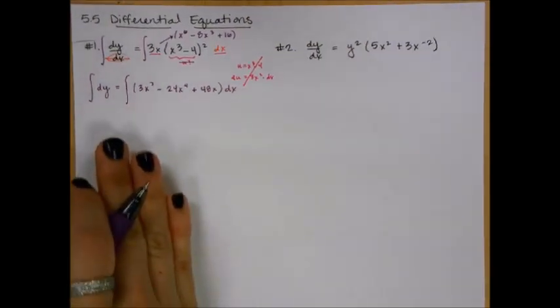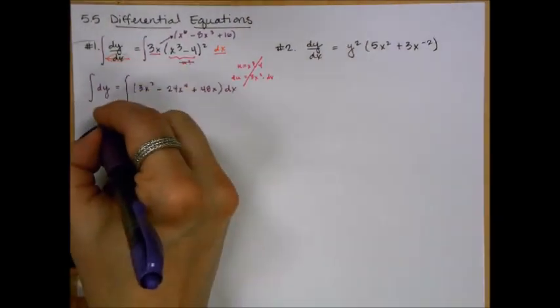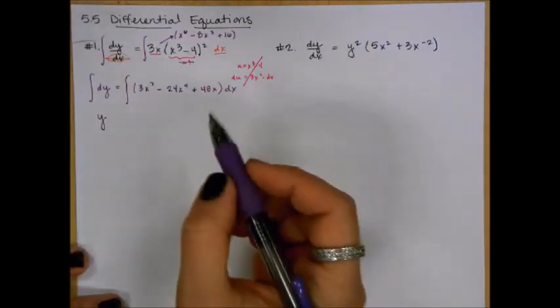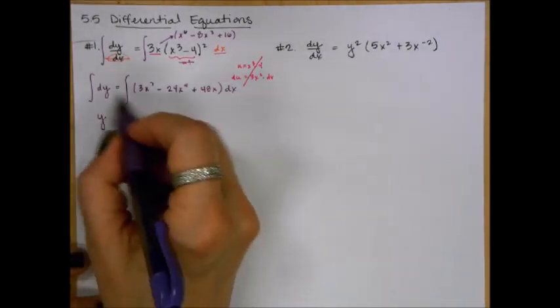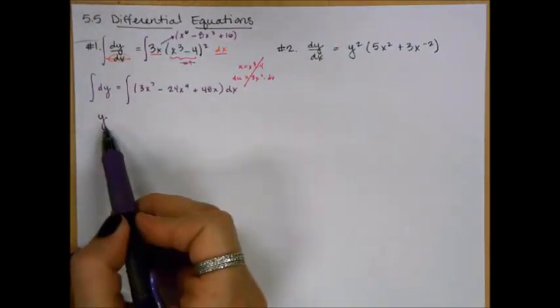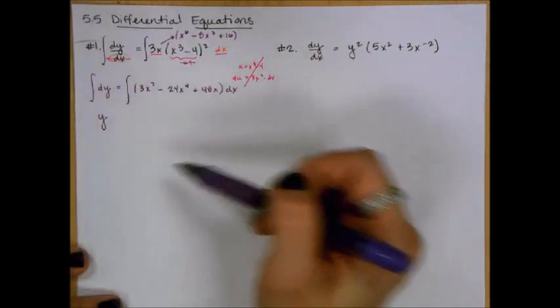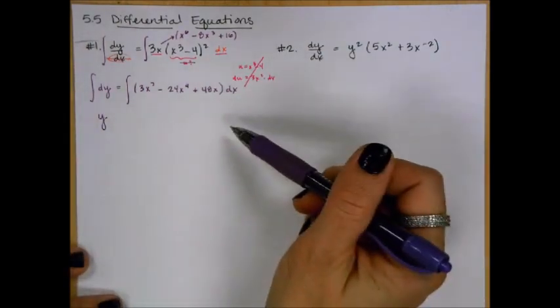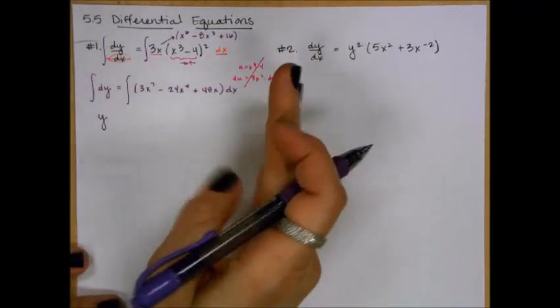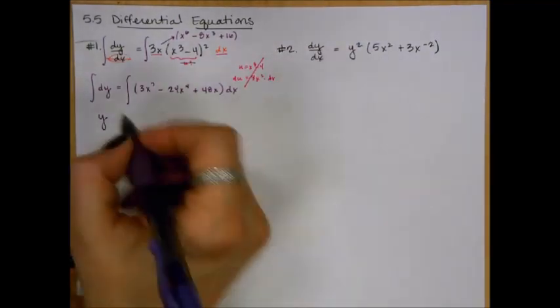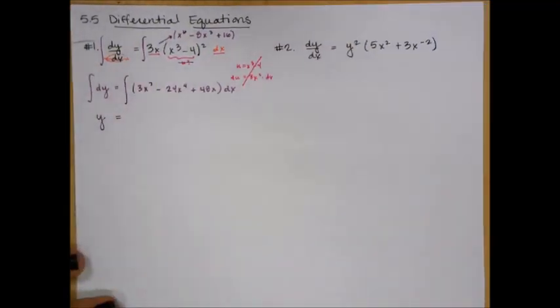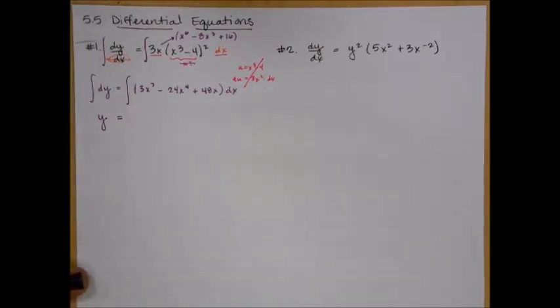So integrating on the left, we get our y plus c, and we've been talking about dropping the c on the left. Because in the end, we're going to subtract this constant from the other constant to end up with the one constant on the right side, we are just going to stop writing plus c on the left side, and we'll only worry about writing plus c on the right side.